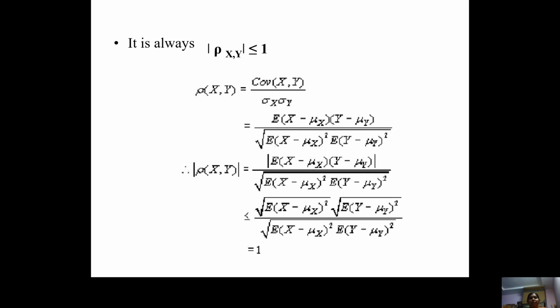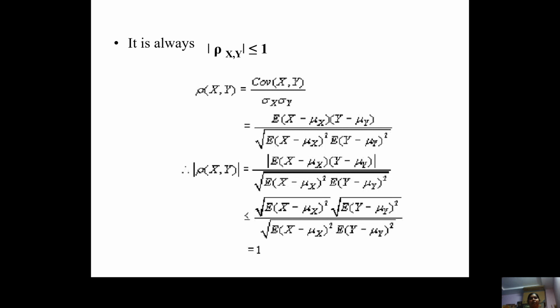And sigma x and sigma y are the standard deviations, which can be described as the square root of E of (x minus mu x) whole square, and E of (y minus mu y) whole square.